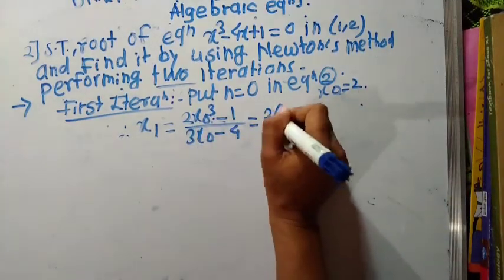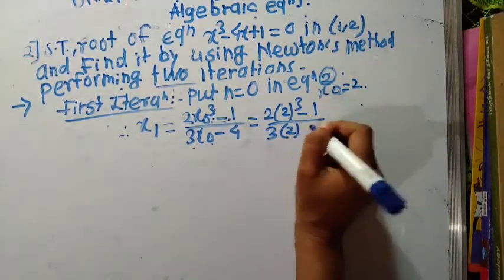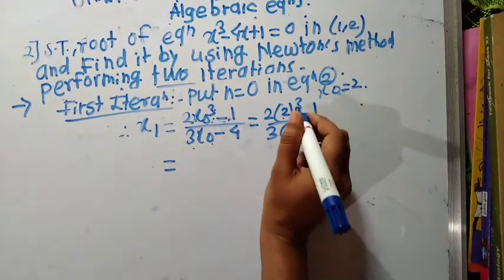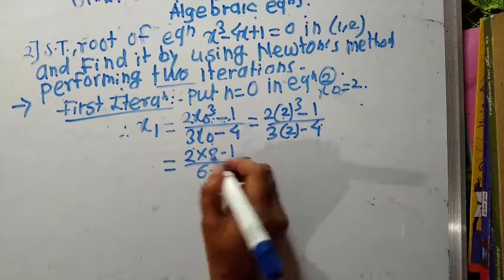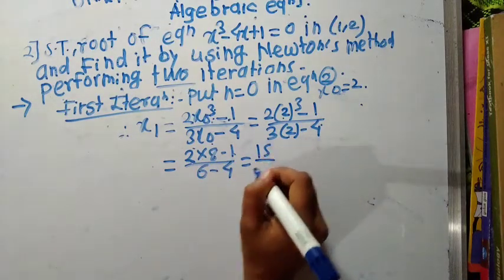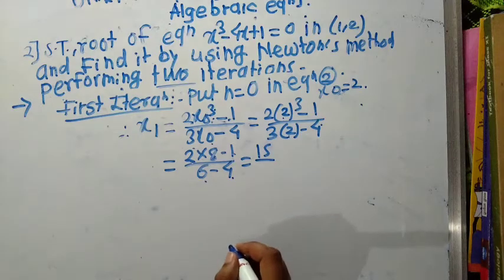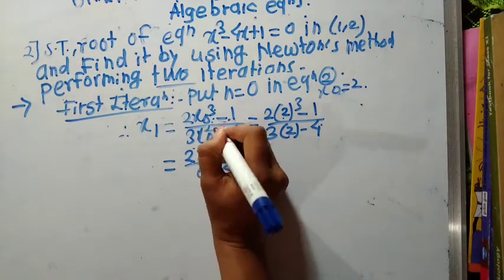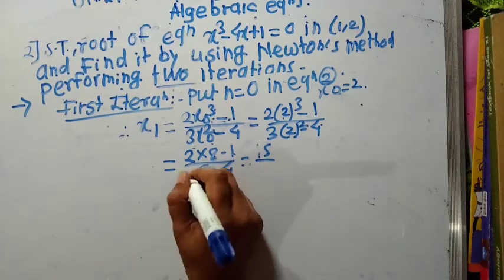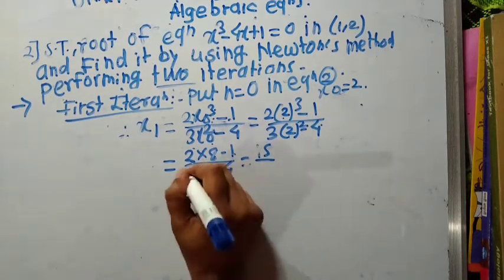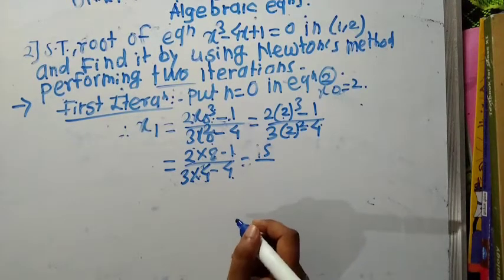So 2 cube is 8, so 2 into 8 is 16 minus 1 is 15, divided by 3 into 2 square, 2 square is 4, 4 into 3 is 12, 12 minus 4 is 8.